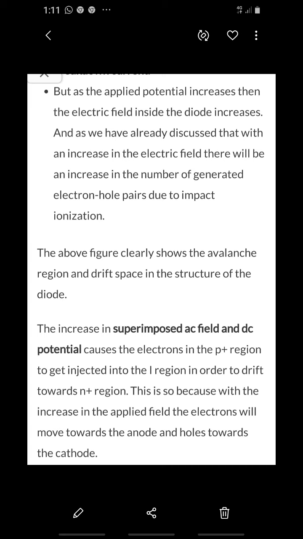This is so because with the increase in the applied field, the electrons will move towards the anode and holes towards the cathode.